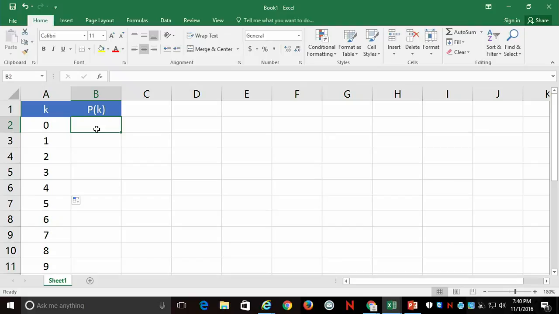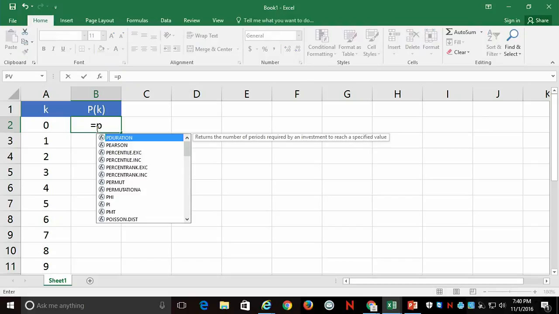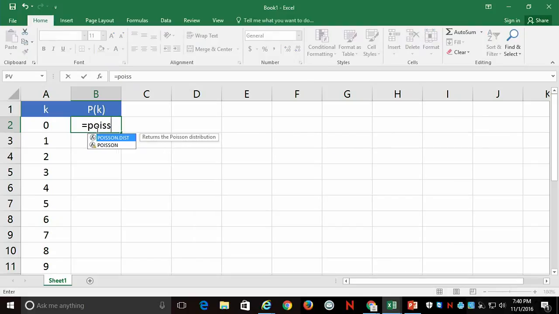So the function I'm going to use is, crazy enough, equal Poisson, and I give it 3 things. I give it the x value, meaning the value whose probability I want. In this case, I'm going to give it A2 because I'm looking for the probability of 0 customers coming.